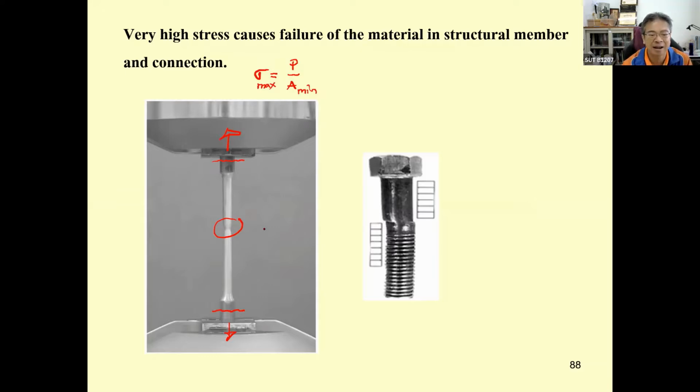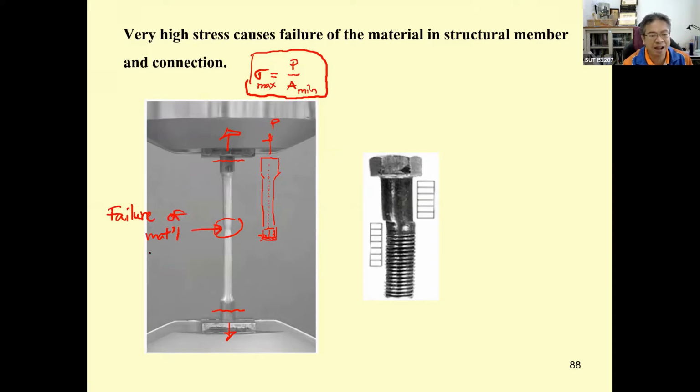Okay, and then when you draw this free body diagram, in reality, the force P over here is going to be an axial force and produce this normal stress. And this normal stress is computed by this equation. When it's large enough, it causes the failure of the material over here.